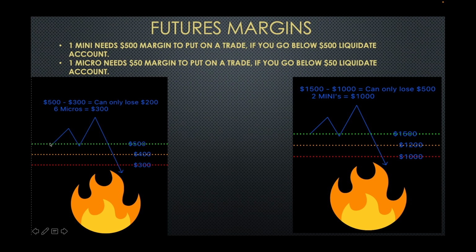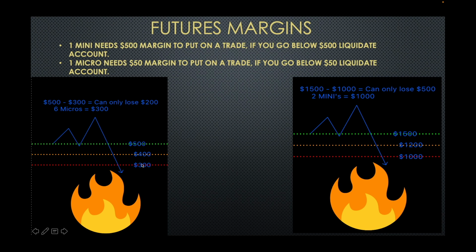So here's a graph. You get in with those 6 micros, green line, you start out at $500. It goes up, you're good. It comes back down, you're back down to $500. Moves up, you're good. But once it breaks below this $500, now you hit that $400. For me personally, that would be a stop loss if that's all I had. And even then, it might be a tighter stop loss.